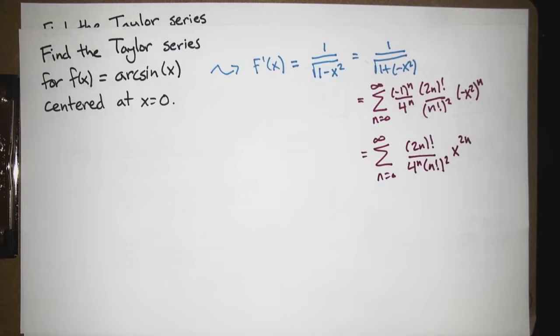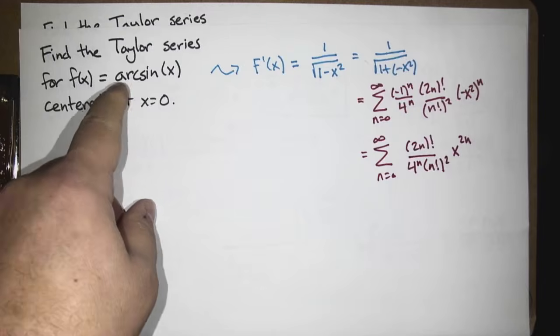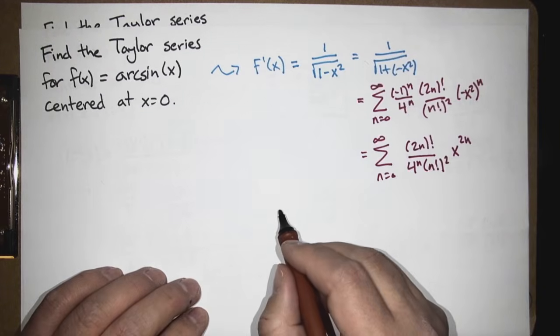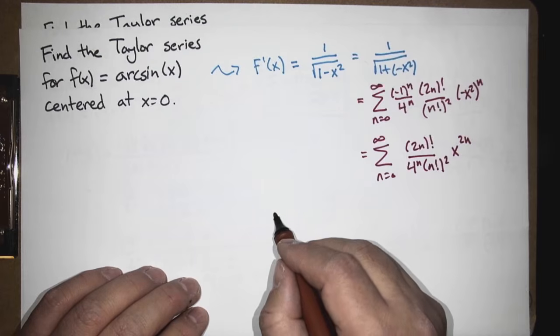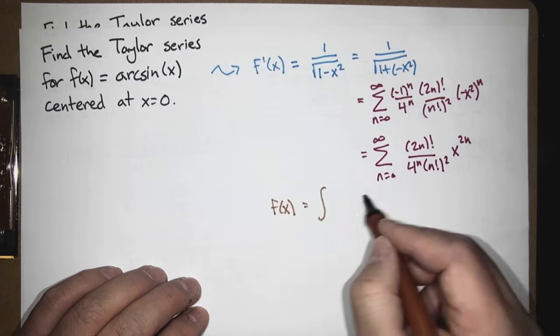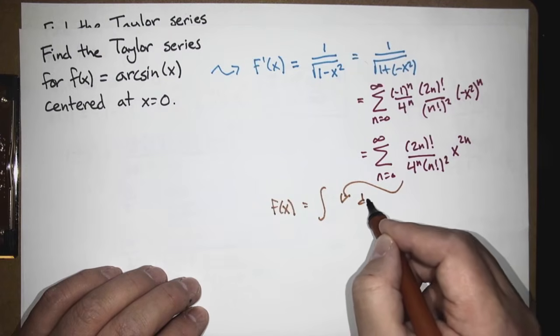And why not? It's the derivative. We found the derivative of our answer. So if we have the derivative of our answer, how do we get our answer? You integrate. So we integrate this.